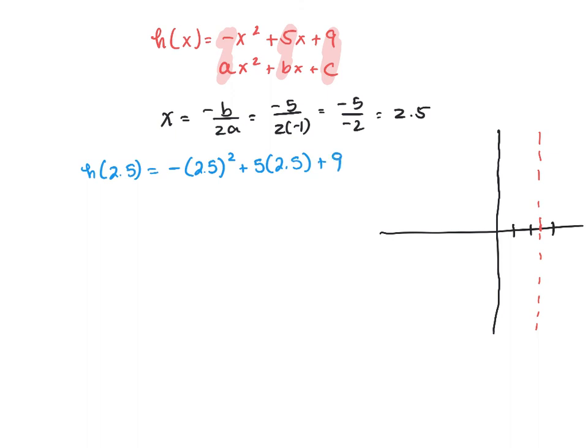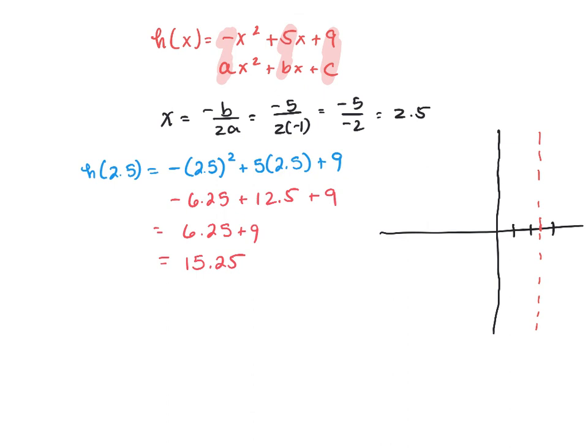So let's go ahead and square that 2.5. I think that's 6.25. I think this is going to be 12.5. 10, yeah, it looks like 12.5 plus 9. So that's going to add up to 6.25 plus 9, or 15.25.